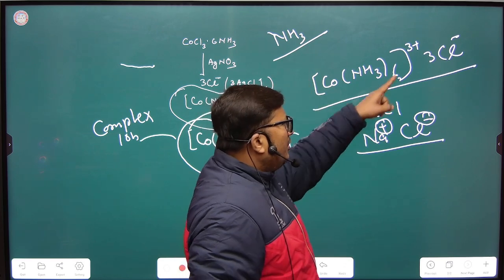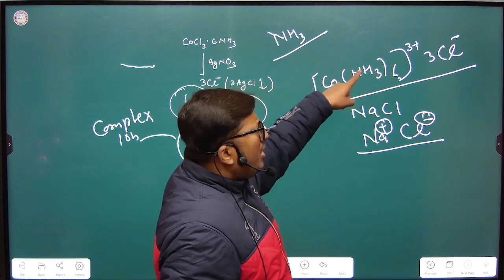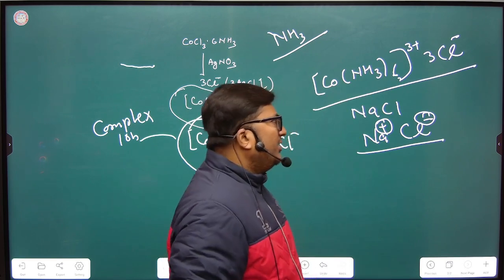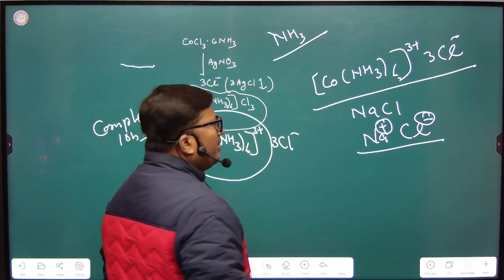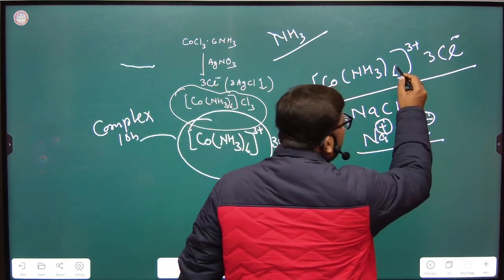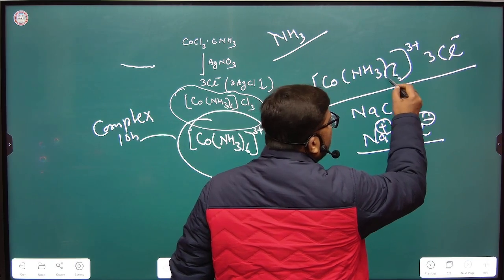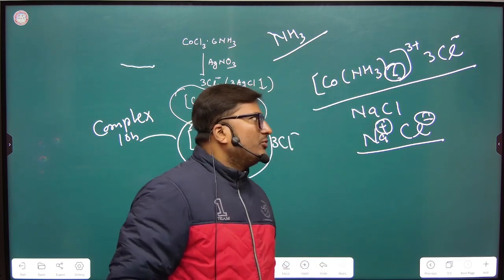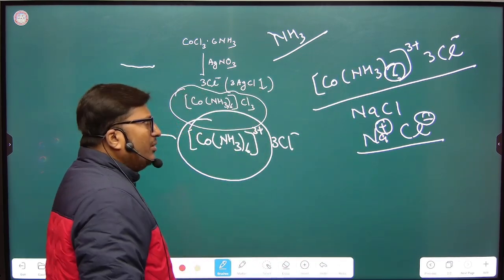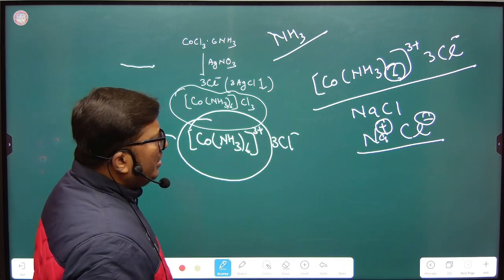So this 3 plus on the coordination sphere has one significant meaning, and the other number is 6 in the coordination sphere. So plus 3 and 6 are very important numbers in complex chemistry.